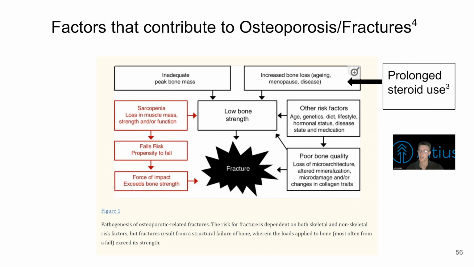So this is why doctors don't give you a cortisone shot every month or so. We have to wait at least 3 to 6 months in order to get another steroid injection as well, okay? Sarcopenia, or a loss of muscle mass, can also impact your bone strength. And then, like I'm about to talk about, menopause and decreased levels of estrogen in your blood will also decrease your bone strength.